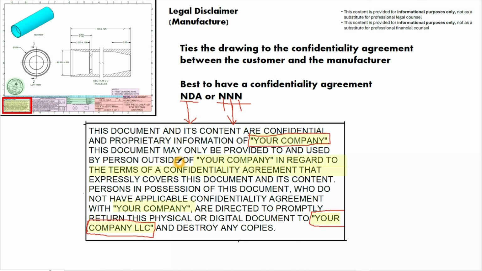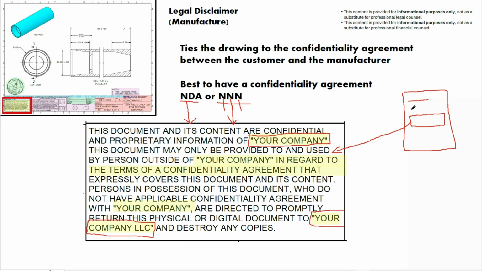And if you want to have a more robust legal disclaimer, you ideally work with your attorney, and in your document or your legal agreement, you have a specific note written that matches exactly what is in your drawing.